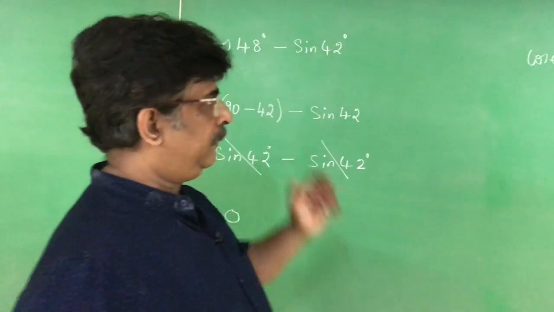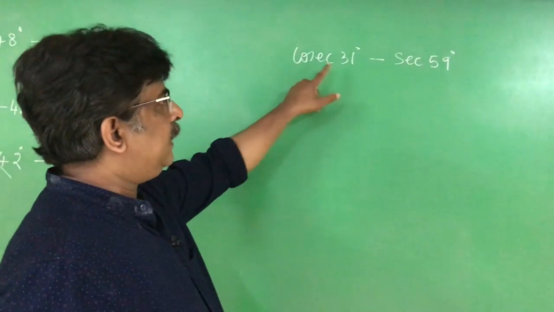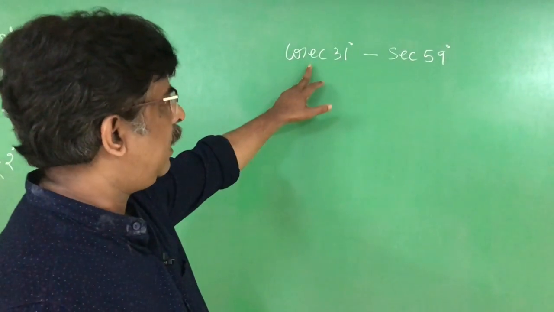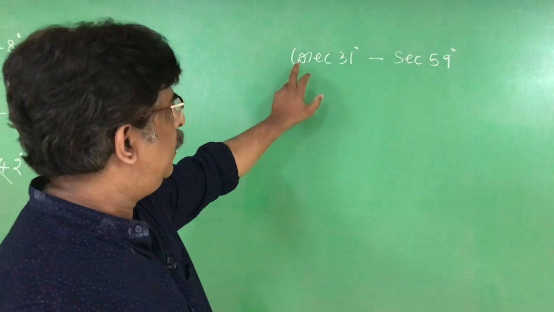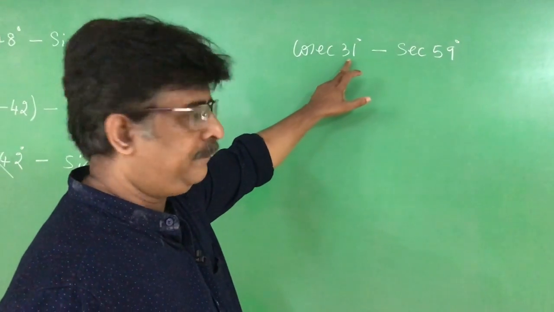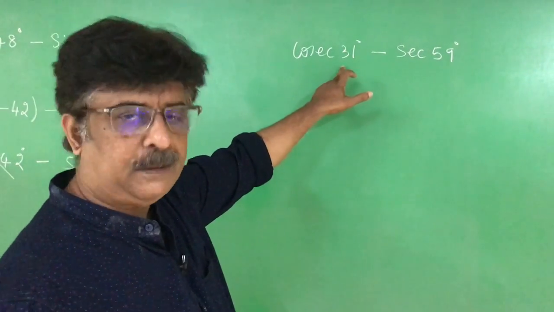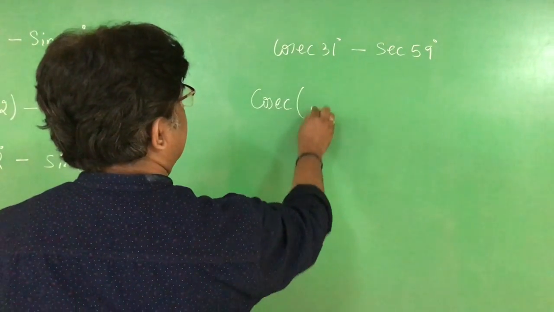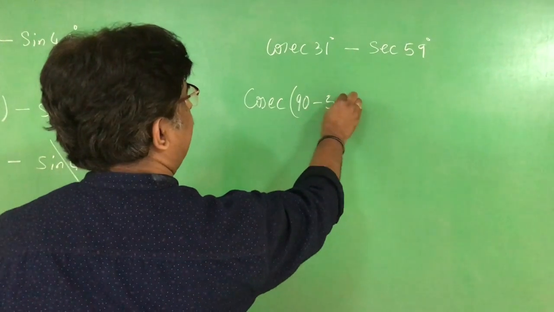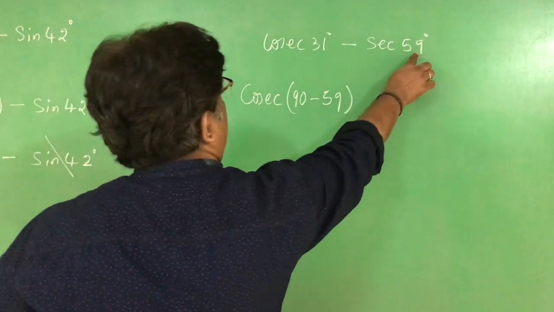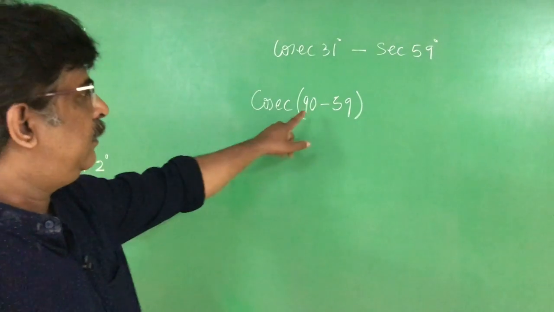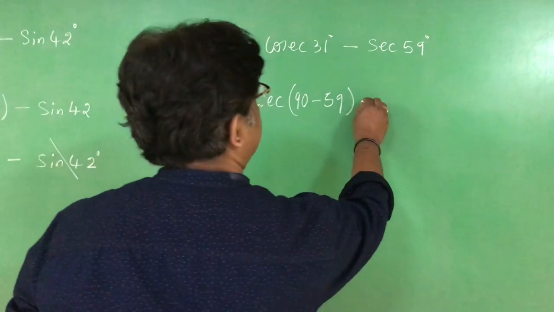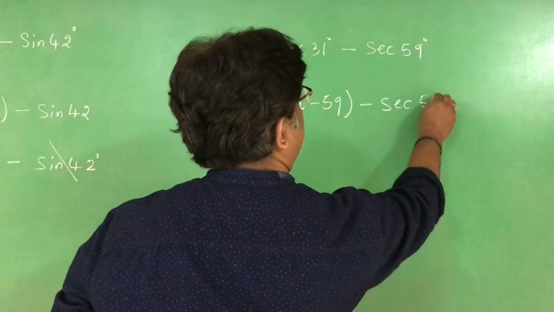Same way, see here: cosecant 31 degrees minus secant 59 degrees. You have to change any one of these. I change the first one. Cosecant 31 degrees, from 90 how much to subtract? I write cosecant of 90 minus 59, and 90 minus 59 is 31, minus secant 59.